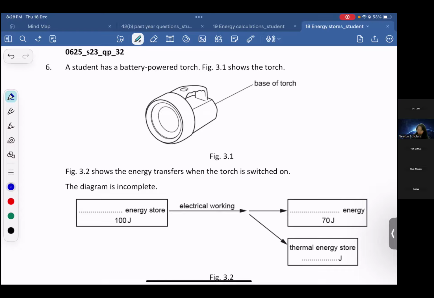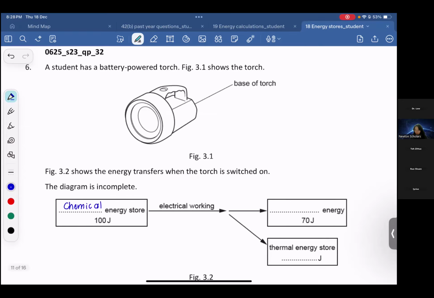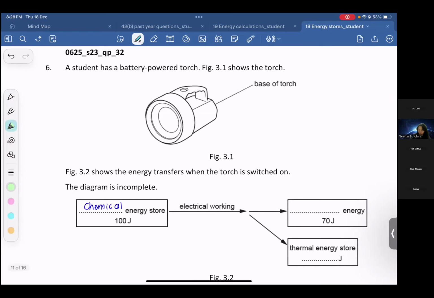Chemical. Yes. Why chemical? When we switch on, the torch will work because of what? Battery, yes. Zihua says because the battery. So chemical is because there is a keyword called battery.